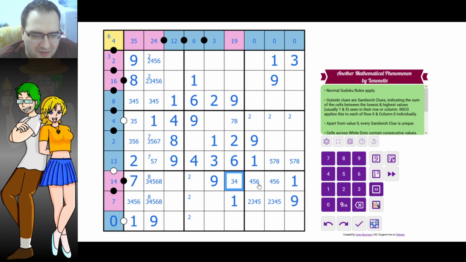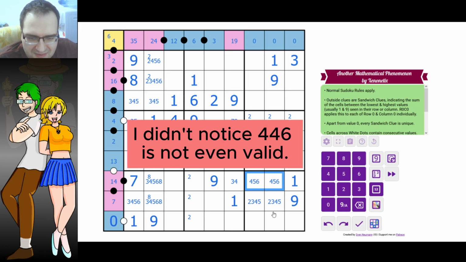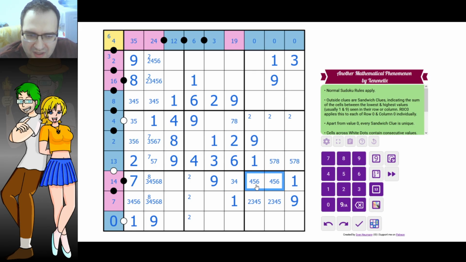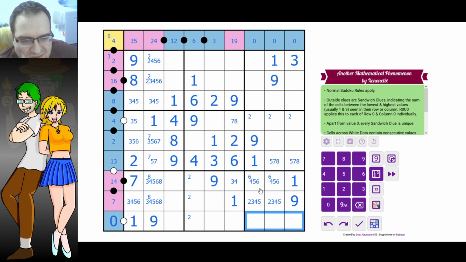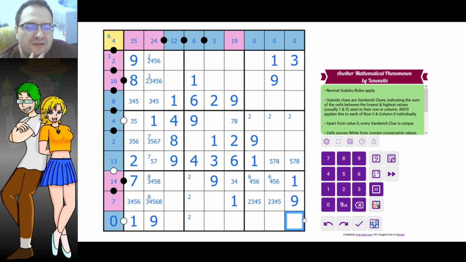If it's a 4, we have 4 and 6. We don't know what it is, but we know there is a 6 here, guaranteed, in this box. So there's never a 6 there. This is never a 6. That doesn't really help here that much.